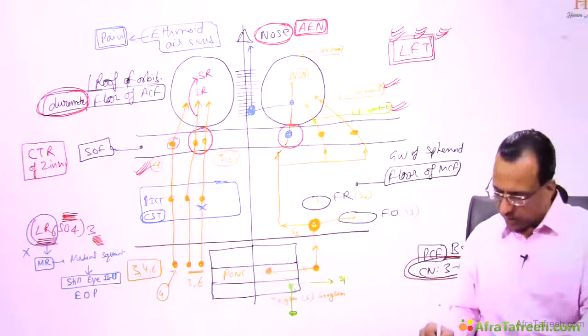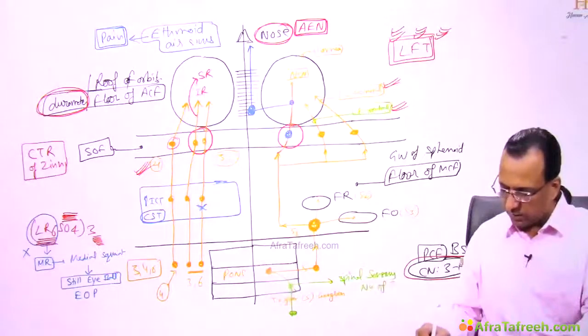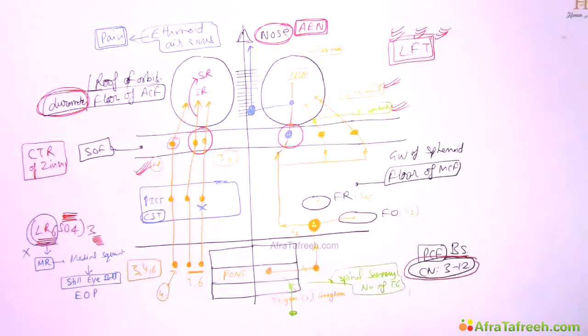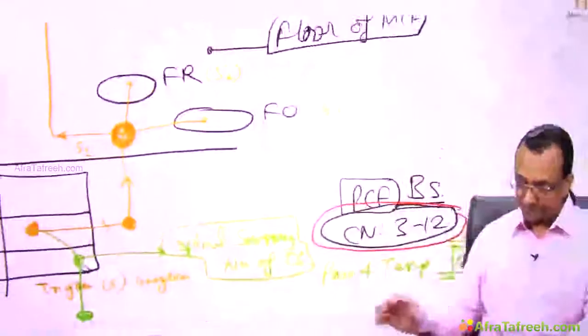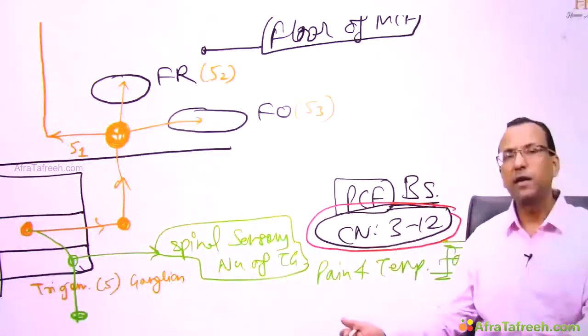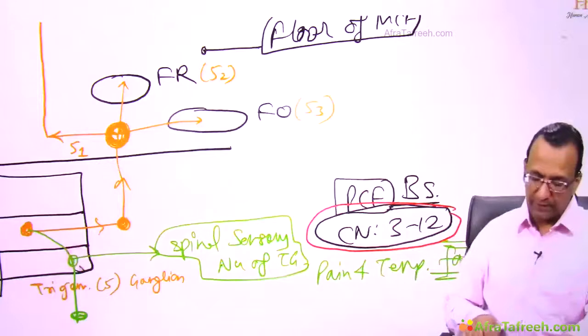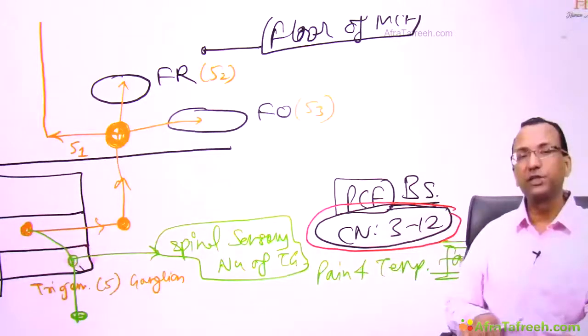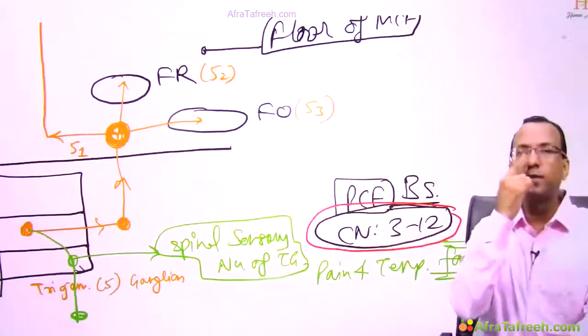Oh, you are talking about the spinal sensory nucleus of the trigeminal. Yes, carrying pain and temperature from the same side of the face, extending into the spinal cord and passing through the lateral medulla. It is involved in lateral medullary ischemia, Wallenberg syndrome, leading to loss of pain and temperature on the same side of the face, if you remember. That is where the pain of ethmoid sinusitis will come.